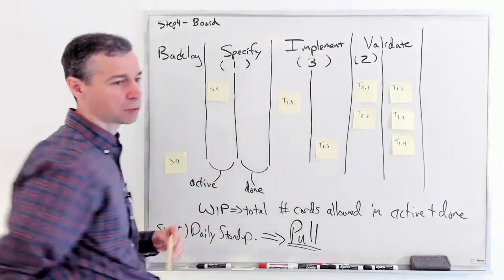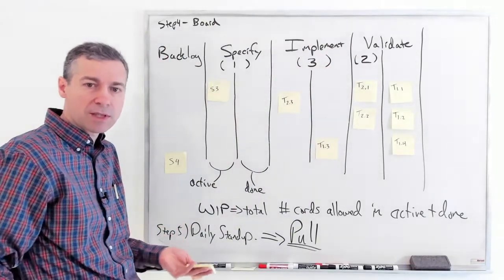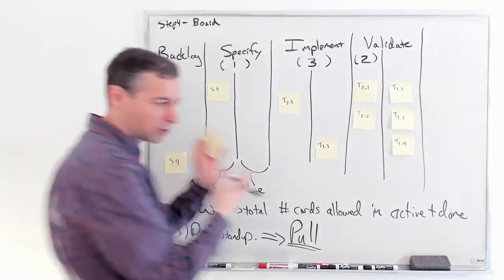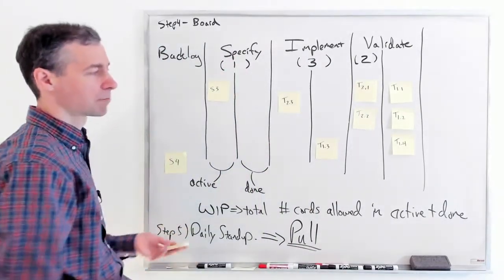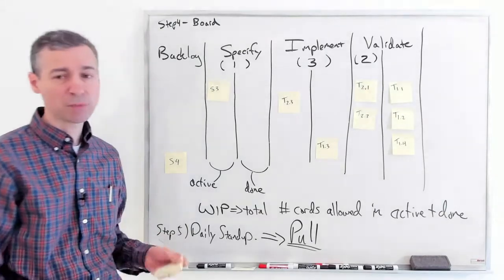I wouldn't increase its work in progress limit because it's having problems getting work flowing through it, but I could lower the upstream ones. This is the basic idea.